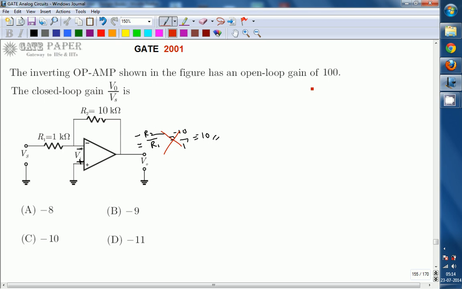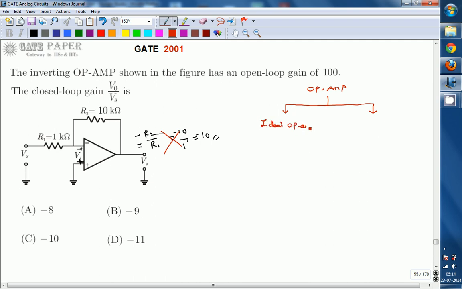Whenever you are working with an op amp, there are two cases: you can use that equation, or you cannot. You can use this equation in case of an ideal op amp.